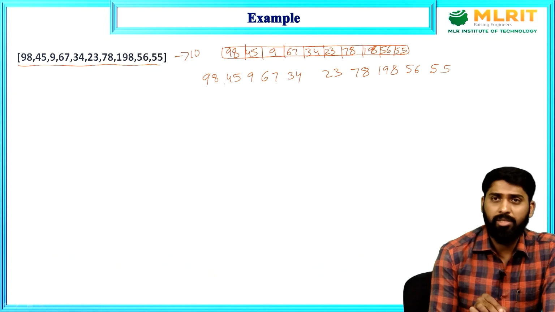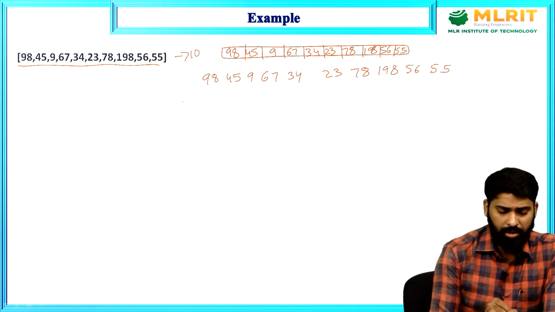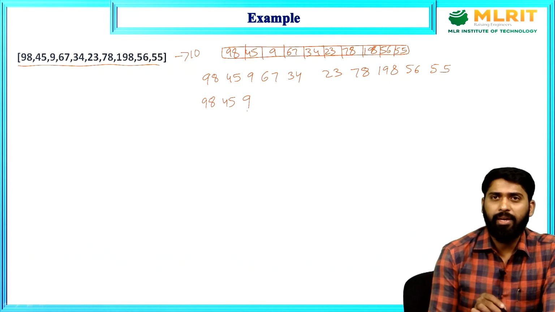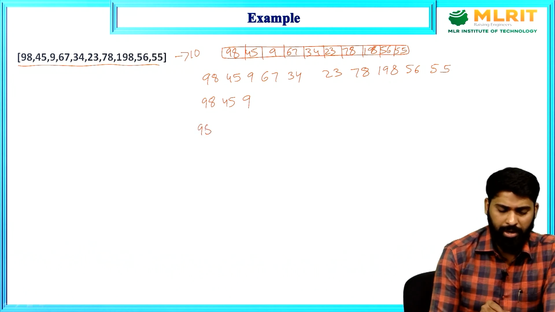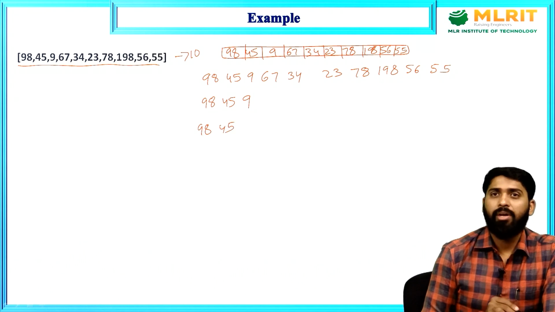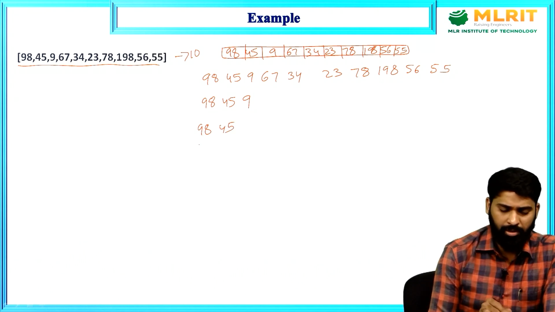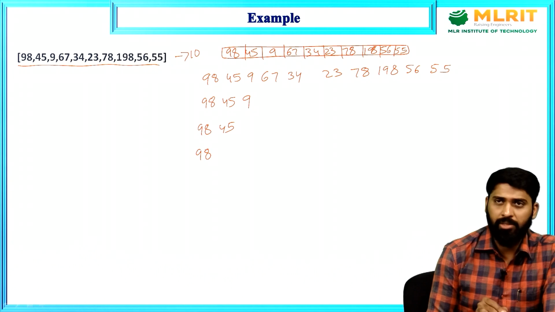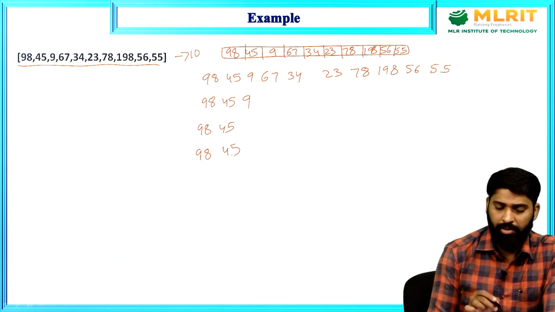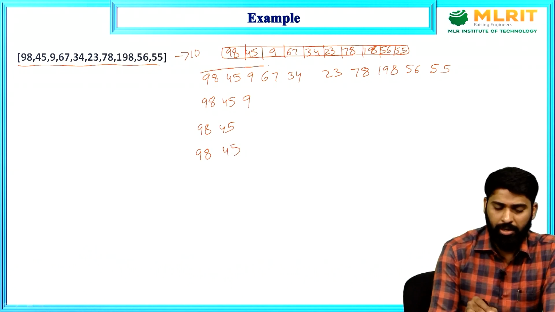These 5 elements are divided into 3 and 2. Here it is divided as 98, 45, 9. Again, we divide these elements into 98, 45, and these two elements are divided into two individual elements, 98 and 45. So, the 10 elements are divided as 5 and 5.